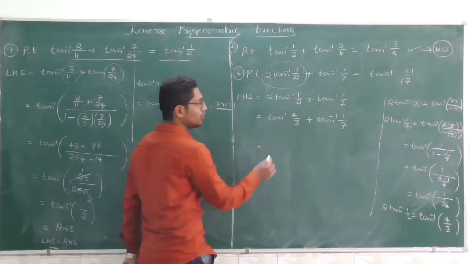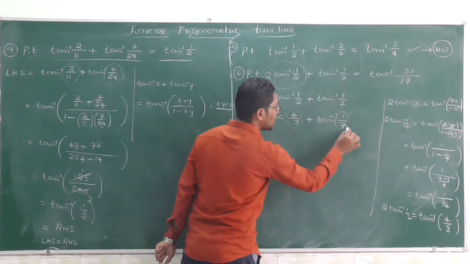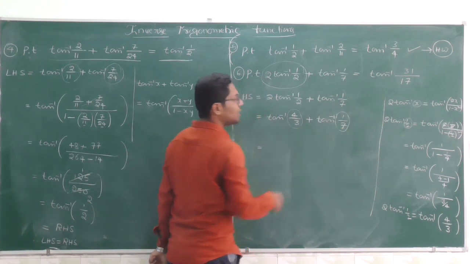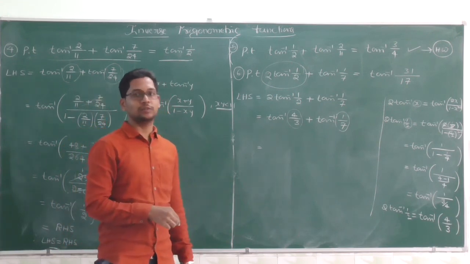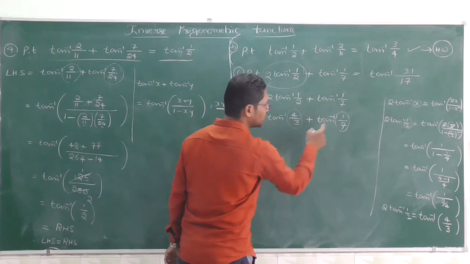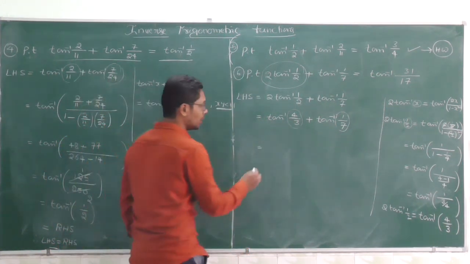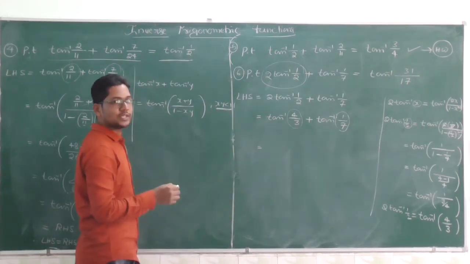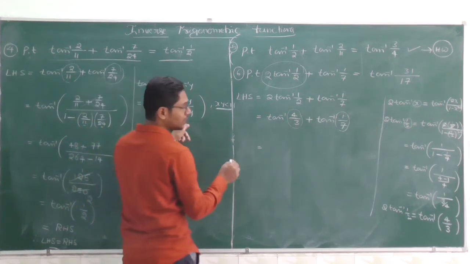Before that, you have to verify whether the product of 4 by 3 and 1 by 7 is less than 1 or greater than 1. Yes, it will be less than 1.